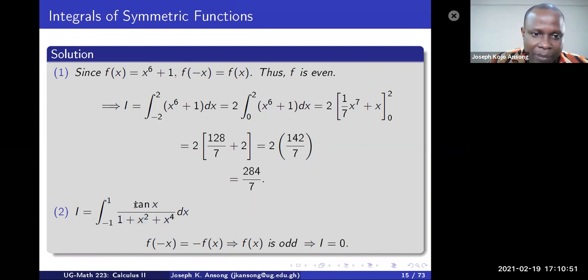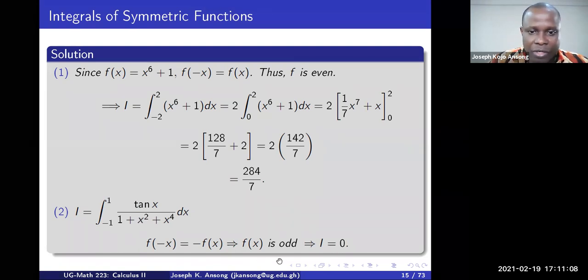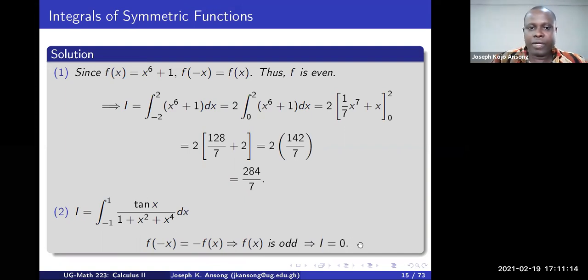So what would determine whether the function is odd or even is tan. We know that tan of -x is negative tan x. You can look that up. And so this is odd. This whole function becomes an odd function. Because it's odd, and I'm integrating from -1 to 1, the result will just be 0. So if I integrate this, I get 0, just by applying those two conditions.